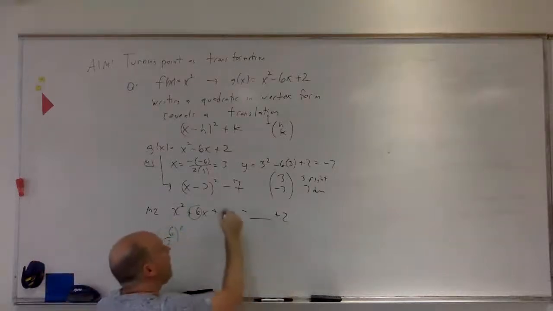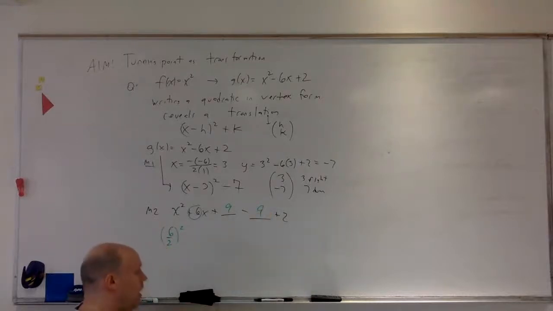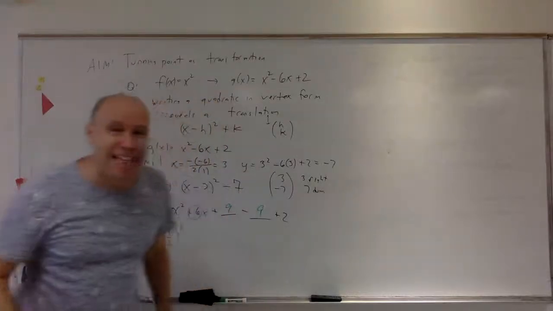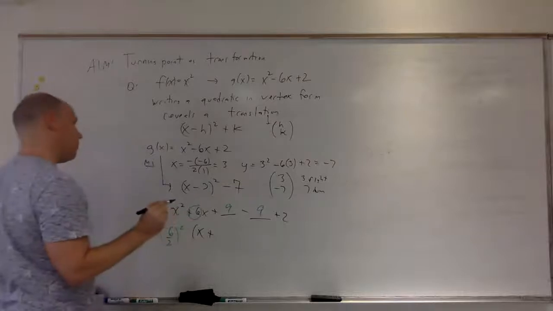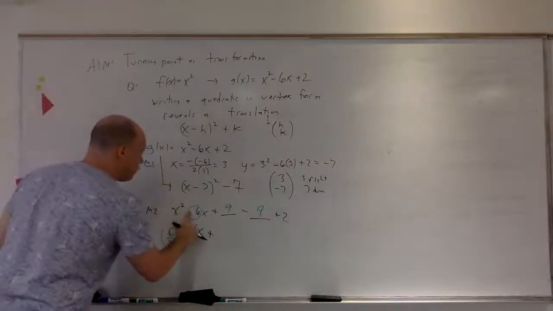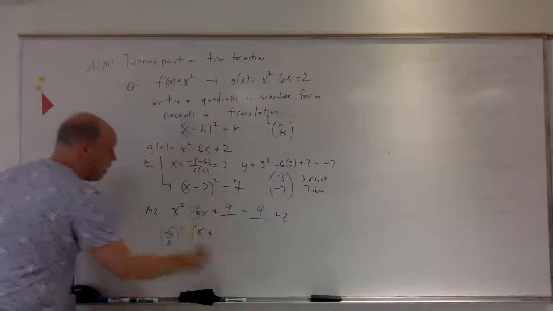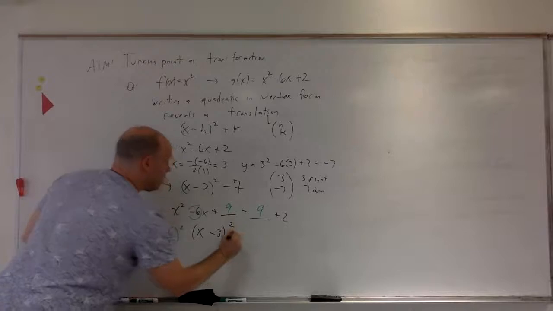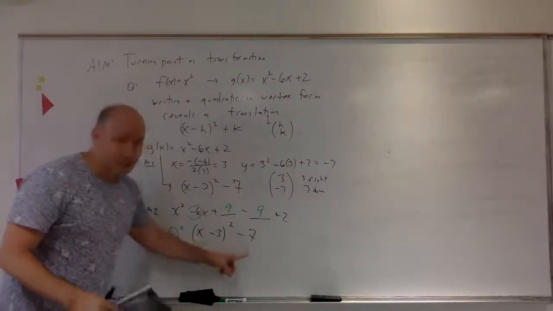And so we have plus 9 here, but minus 9 here, because I'm adding 0 in. And then you notice, because you did factoring, that this ends up being x minus 3 squared minus 7. Perfect. 3 to the right, 7 down.